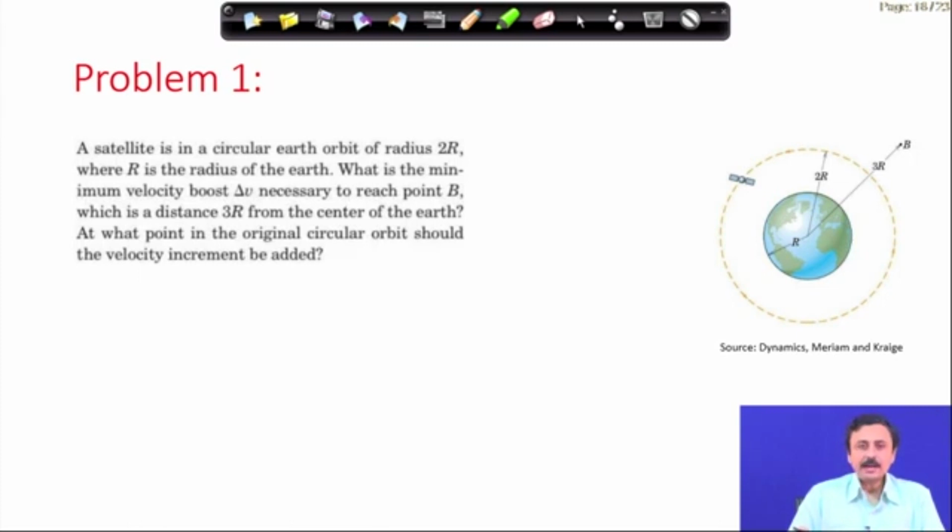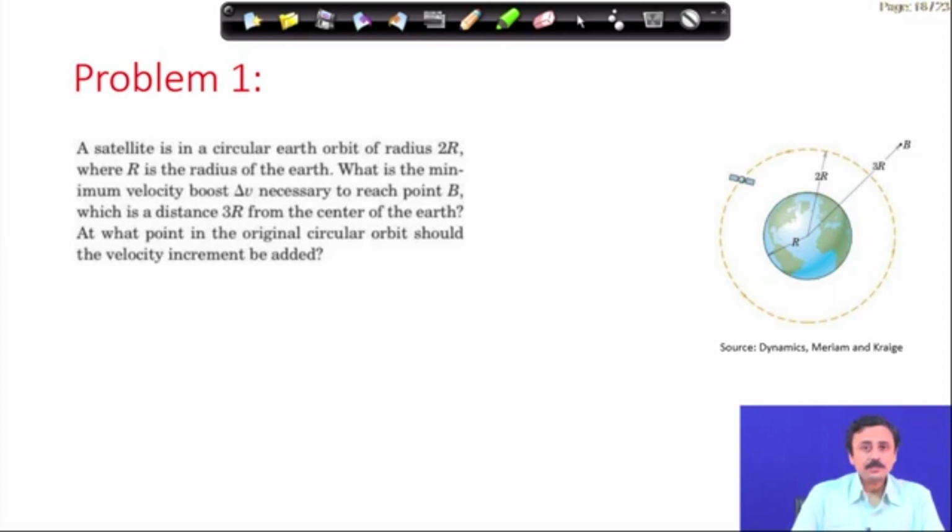When this satellite will reach B as the farthest point. If it reaches beyond B, any point which is farther than B, greater than 3r, then that will definitely require higher energy.